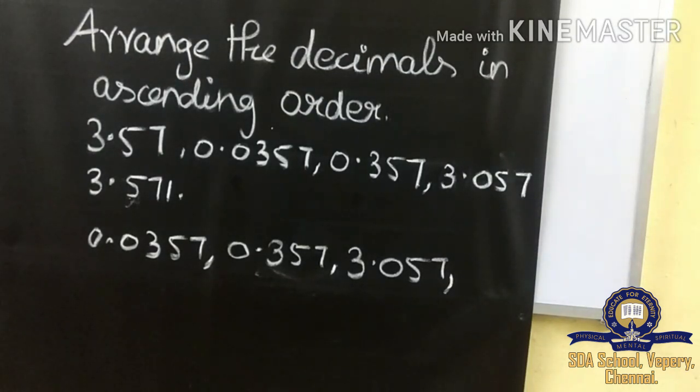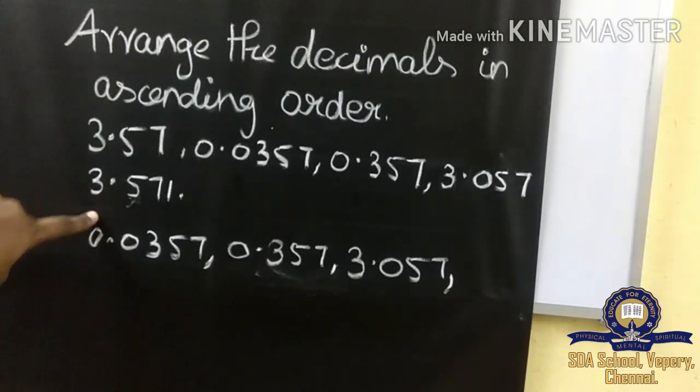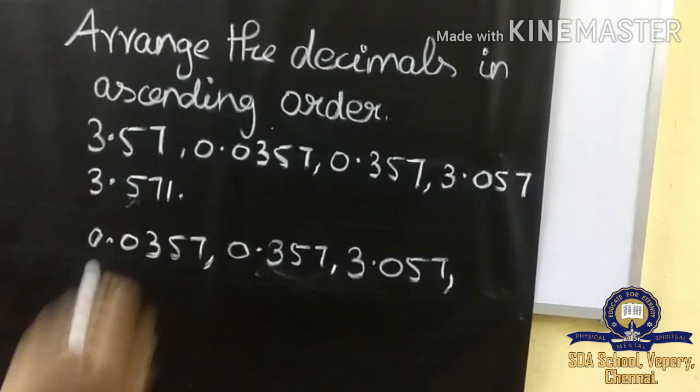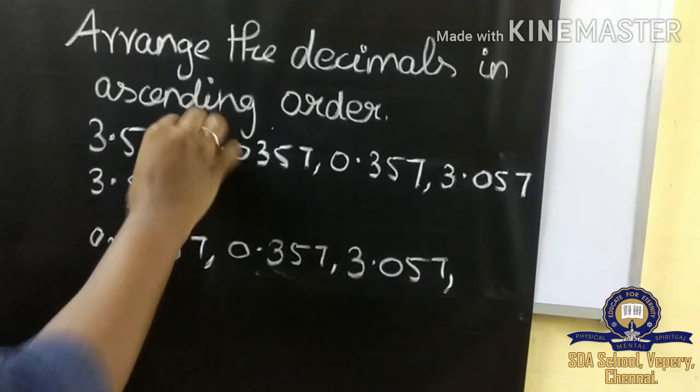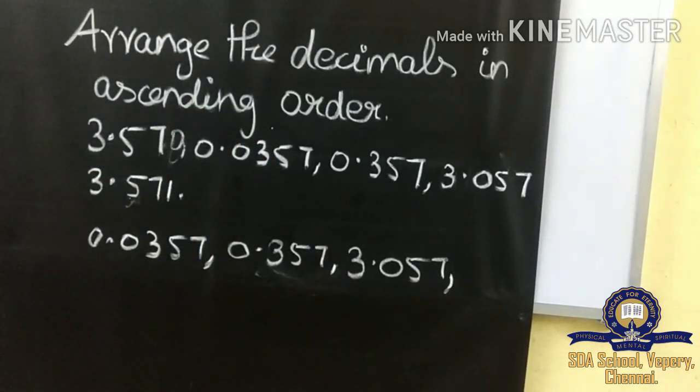What the leftover numbers are 3.57 and 3.571. If it is in the form 3.57, the value will be in the form 3.570, and this value will be in the form of 3.571. If it is 0, this will be the smallest number, right? 3.570.